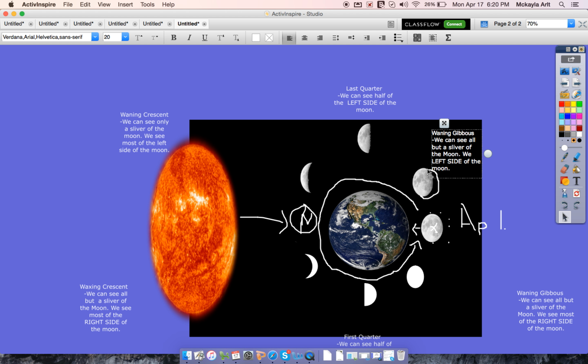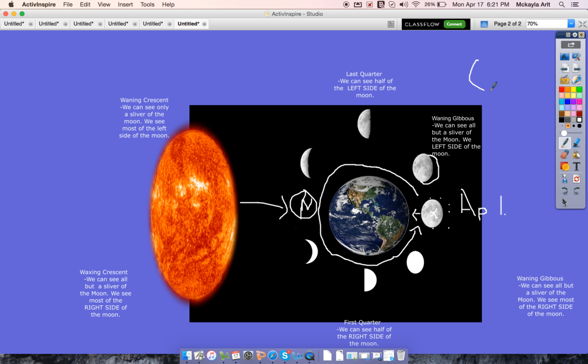So what you would draw is, you could draw something like, so I am going to, let's say I went like this. It's not a very good circle, but that's okay. Okay, so this side, the left or the right side of the moon, that's dark, which means we don't see it.